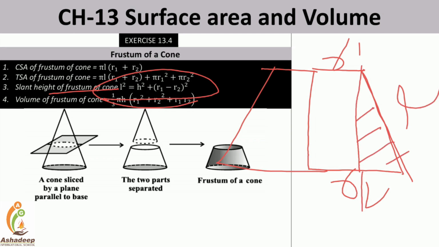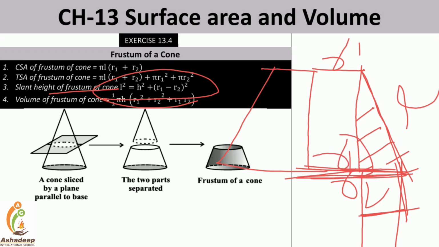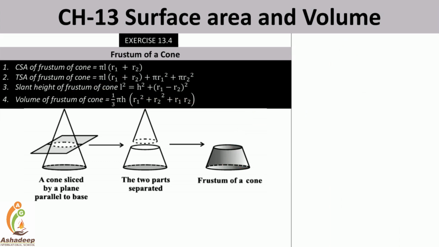For that I want this distance. Capital R2 minus small r, this is nothing but the r1. If I subtract r1 from r2, that is going to be r2 minus r1, and this is the length. So that is why I have to take here r1 minus r2, right? Okay, the volume is this.